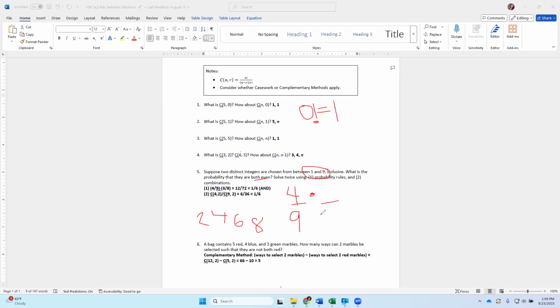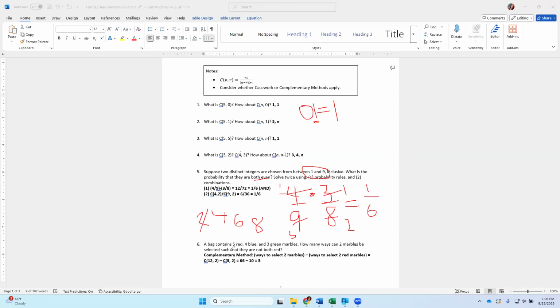Now you lose a number because we're picking 2 distinct integers according to the directions. So now we have 8 numbers to pick from. We already picked one of the even numbers, so now we have 3 left to pick from. So our result is, if we simplify this a little, it's going to be 1/6. Sorry about the bad writing, I'm using my mouse.